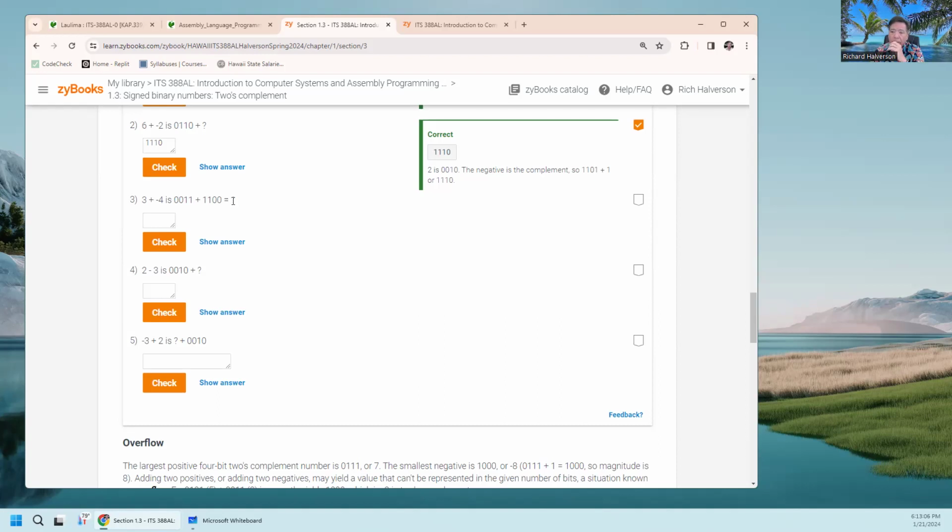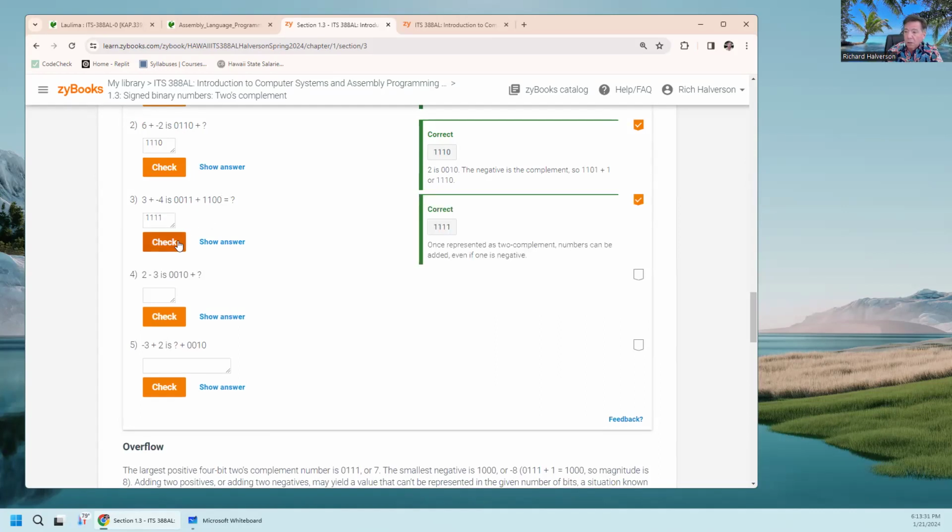Well, anyway, I'm just supposed to say what this is. This is 1111, which is minus 1. So am I supposed to put 1111? Yeah.